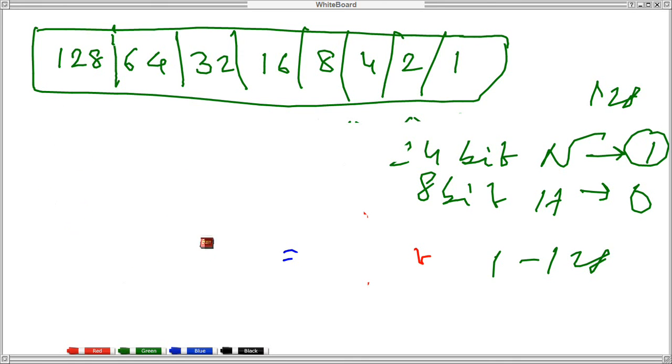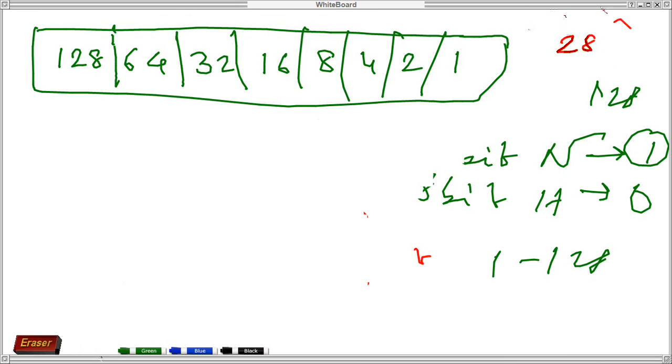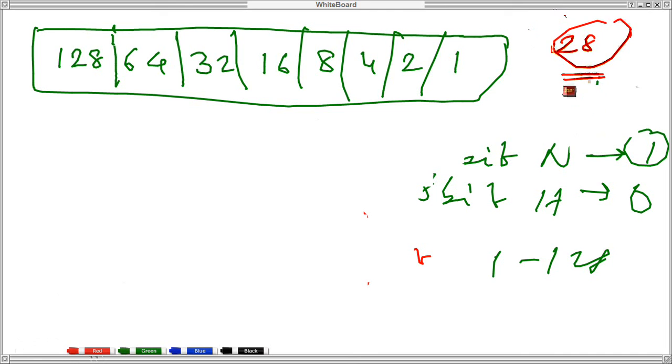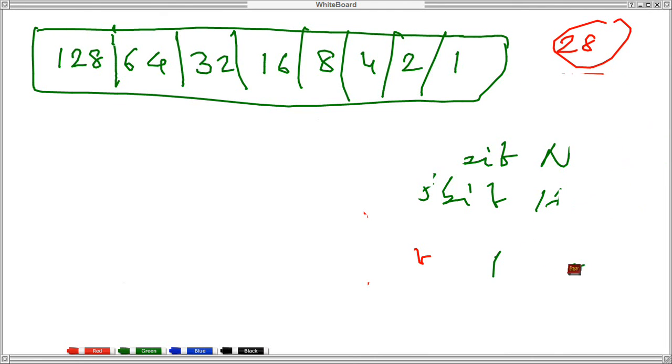For example, if it is 28 bit, how to calculate? You have to split the 28 bit into 4 blocks.